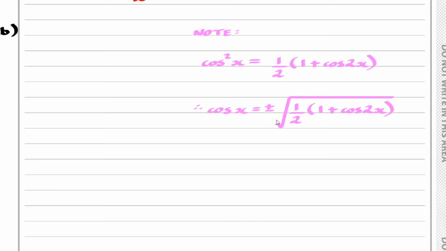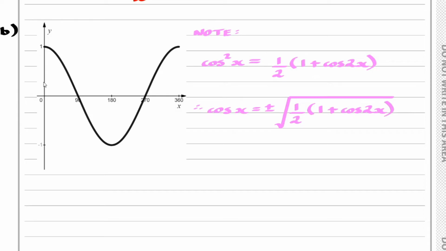It makes sense to use this identity because the angle x is half of the angle 2x. We have square roots involved, which is what the question requires. And we also have the graph of cosine x between 0 and 360, which we will use as a reference throughout the question.